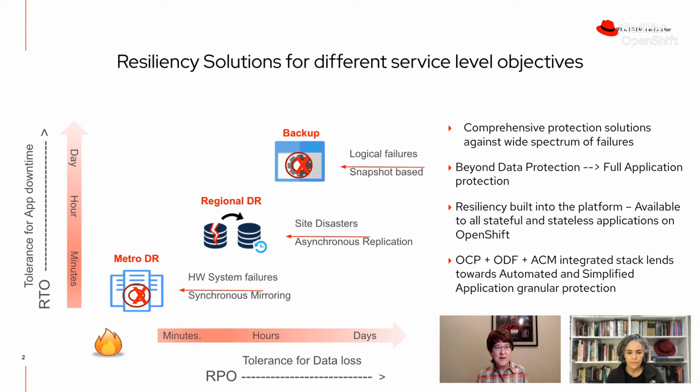So if we start on the top there, one thing that people have done in all kinds of environments for a long time is to create backups on some regular basis, and then if needed, be able to restore those backups. And it could be snapshot based, and if we relate it to OpenShift and ODF, it definitely is snapshot based. You have the ability today in OpenShift and have had for a few releases to create snapshots.